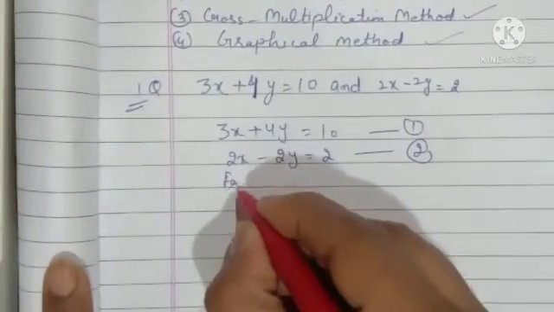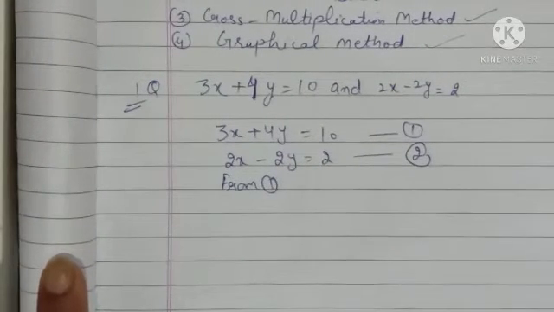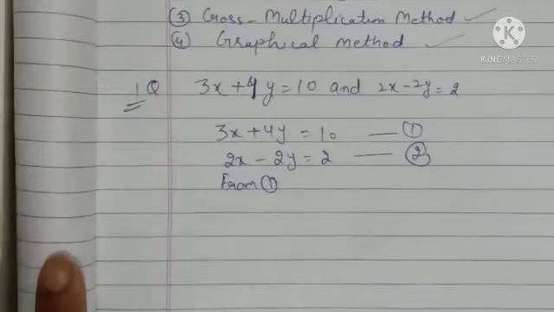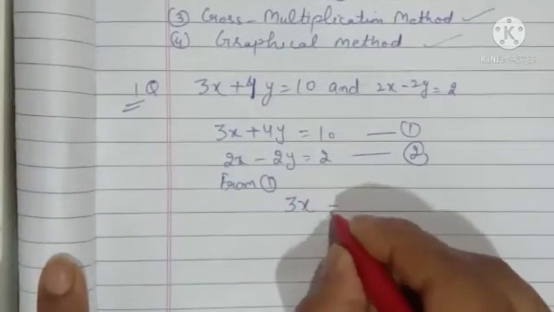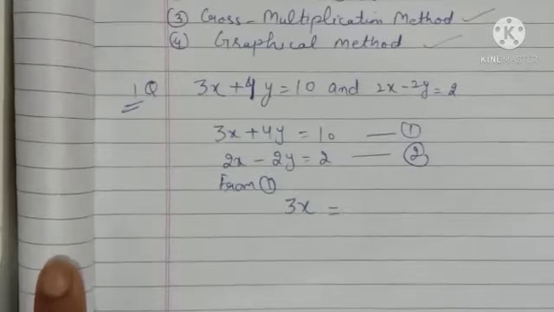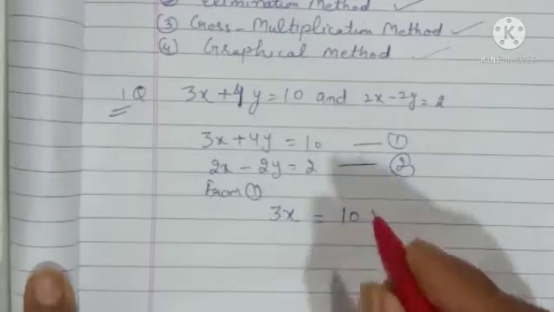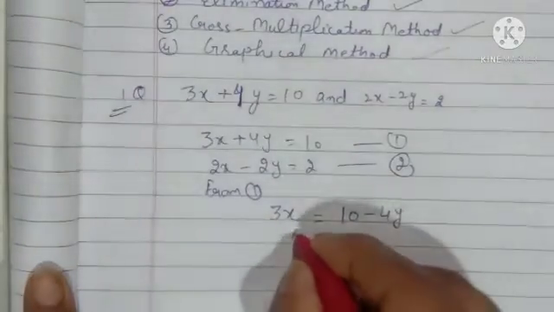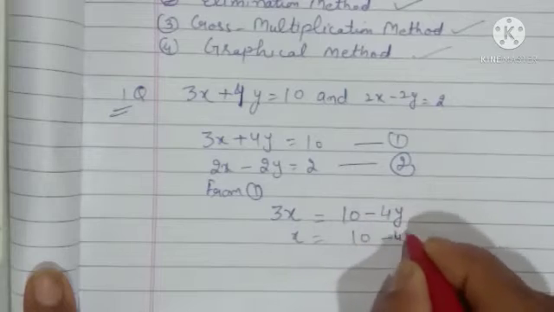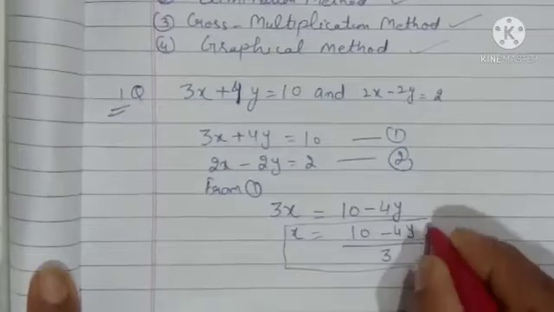From equation number 1, I will get the value of the variable x and replace that in equation number 2. I will take the term with variable y to the other side along with the 10. The sign will change, that is minus 4y now. x will be equal to 10 minus 4y divided by 3. Let us mark that as number 4.